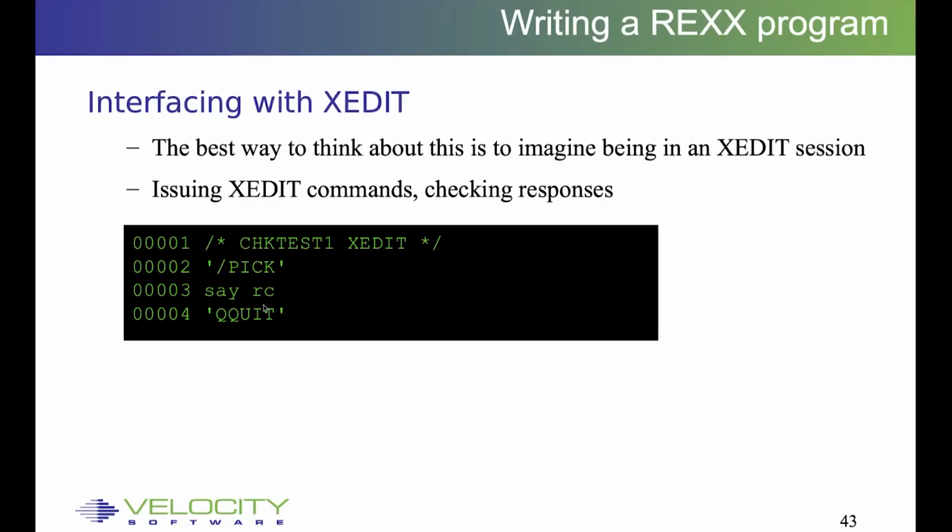So here is my xedit profile, check test one, and this slash pick is what I'm going to issue in the editor. This is, again, not a CMS command. It's an xedit command. And what does slash pick do? Slash is short for locate. And then anything after the slash is what you're going to locate. And so in this case, I'm going to locate pick, the word pick, display the return code, and then quit.